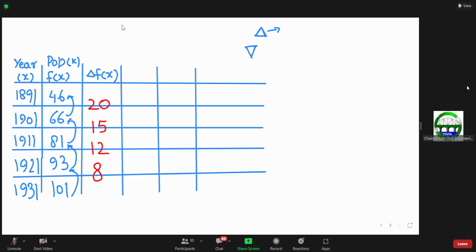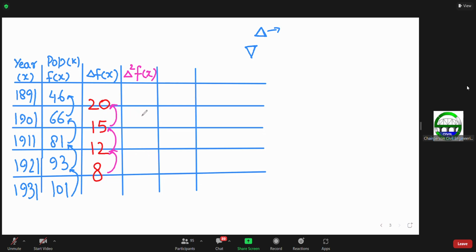Then for the next one, I will use another color. Next will be del square f of x. Del square f of x will be this minus this, this minus this, this minus this.